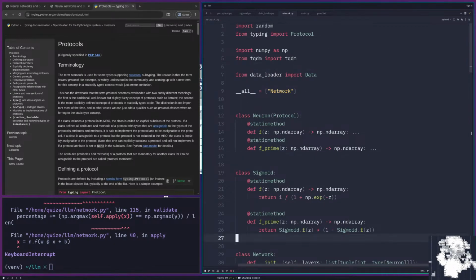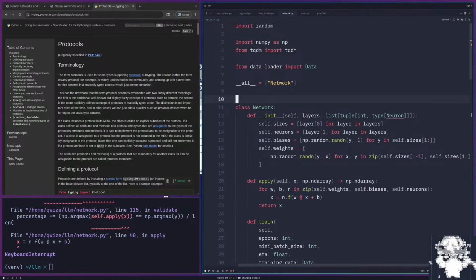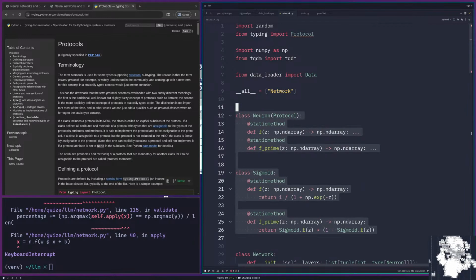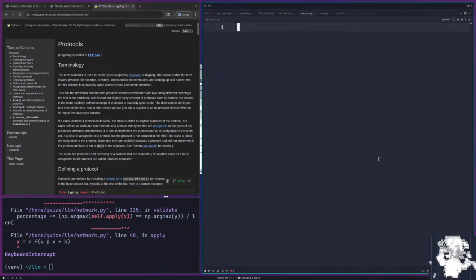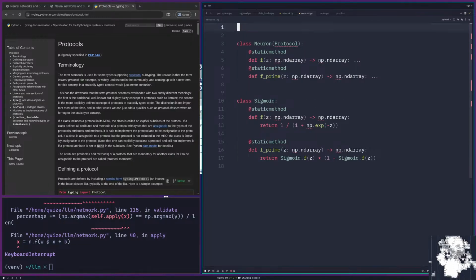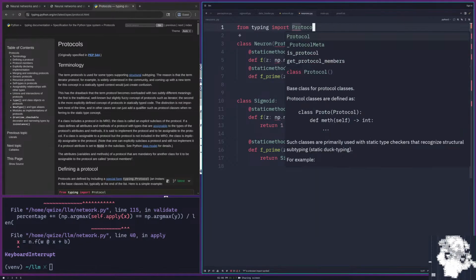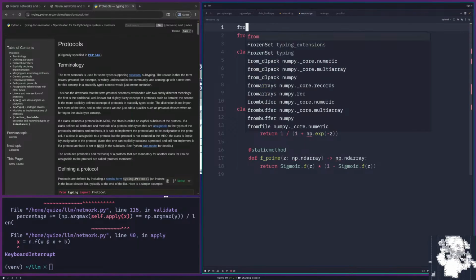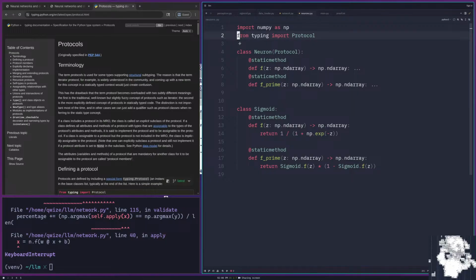So this stuff, let's copy this. Let's make a new file we'll call neurons.py. From typing import Protocol, and import numpy as np.